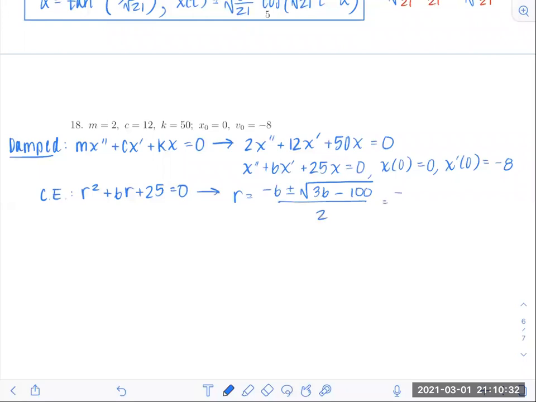So I have -6 plus or minus the square root of -64. That's going to give me an 8i over 2. So I get -3 plus or minus 4i.